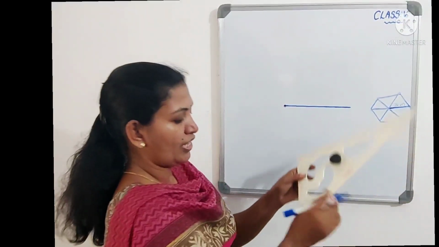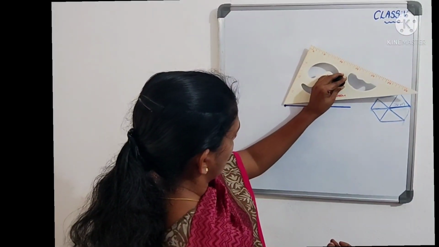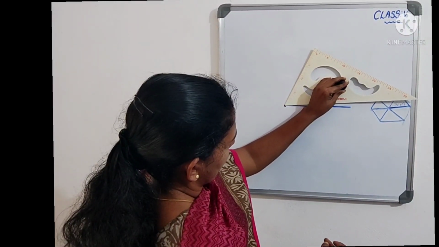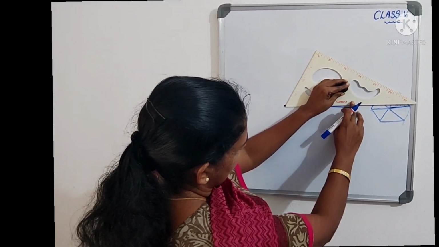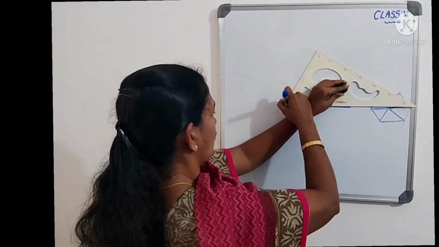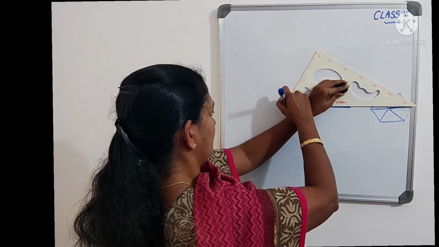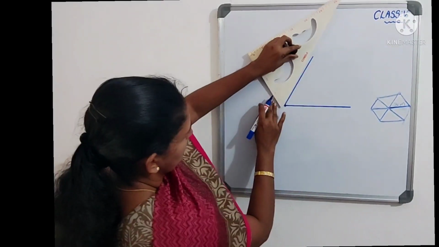Next we are using this corner. You know how to set the set square. See, this dot and this line touch the set square. Then draw the line. Then again we have to do the same procedure.